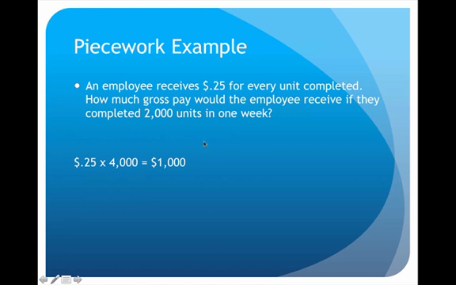In a typical week, this person has completed 2,000 units. So the question is, what is their gross pay? Well, yes, it's a typical week, but many times people are paid every 2 weeks. So if that's the case, in 2 weeks, they would actually complete 4,000 units, and at a quarter per unit, that's $1,000.